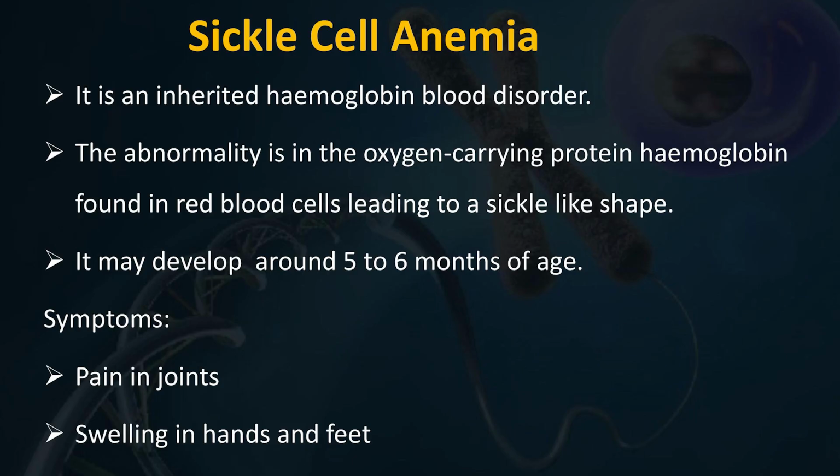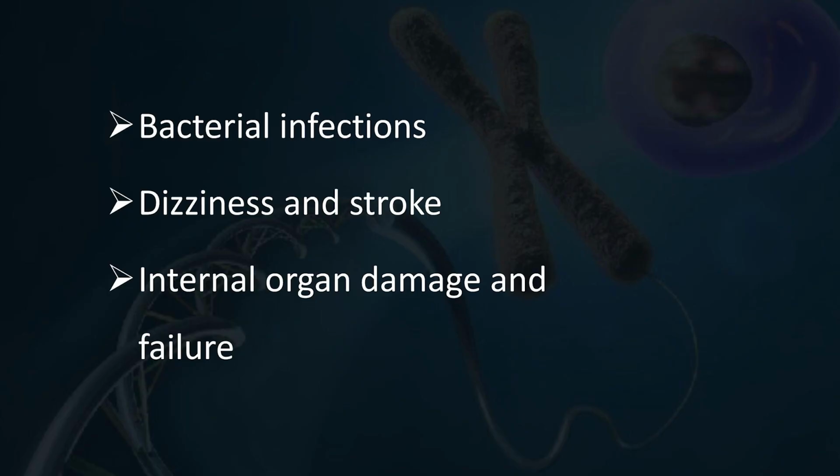The symptoms are like this. First is frequent joint pain and swelling in the hands and feet. Bacterial infections are very common in this kind of disease, and dizziness and the chances of developing stroke are very high.